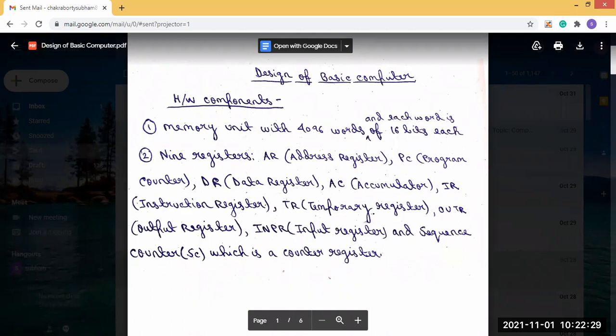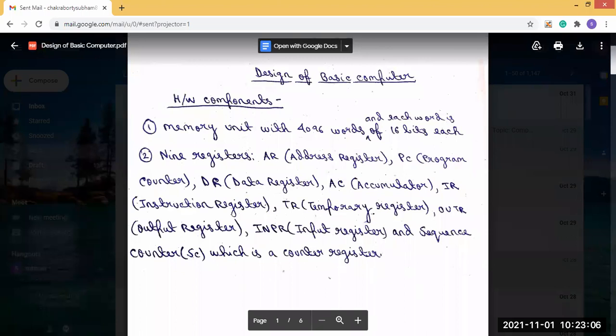The first thing is the memory unit with 4096 words, and each word is 16 bits. This is a necessary component. Then 9 registers. We have already seen a number of registers, special purpose registers and general purpose registers. But for designing a basic computer, only 9 registers are required. What are those?